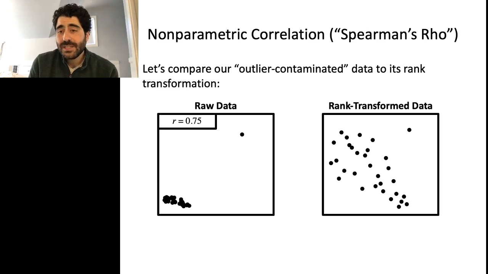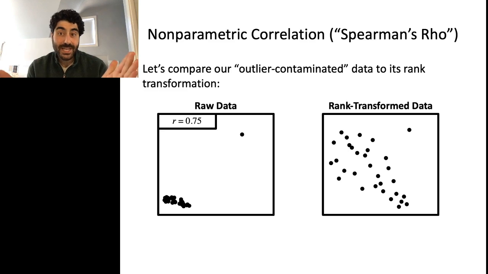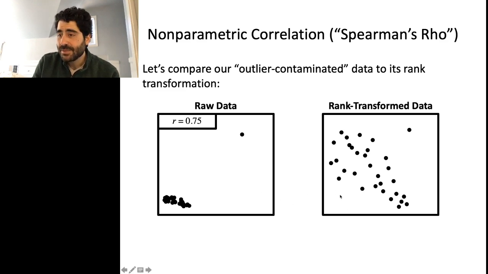We've converted all our X's to ranks between 1 and n, and all our Y's to ranks between 1 and n. It's not labeled on the plot here, but on this x-axis this is 1 and this one's n over here. And same for the y-axis, we go from 1 to n.